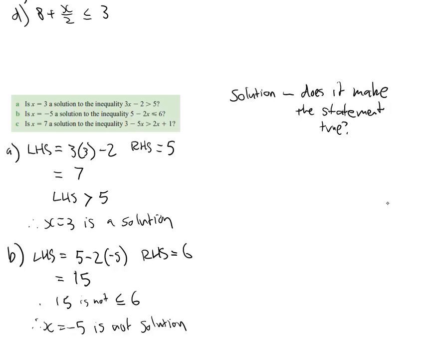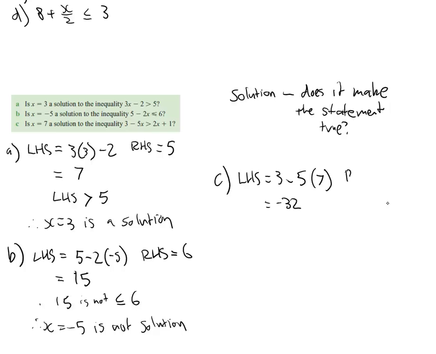Let's check part C. Is x equals 7 a solution? This time we have to substitute into both sides. So it's going to be left-hand side equals 3 minus 5 times 7, which is going to be 3 minus 35, which is going to be minus 32.